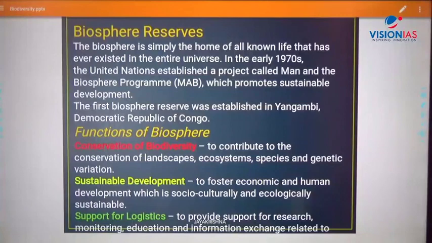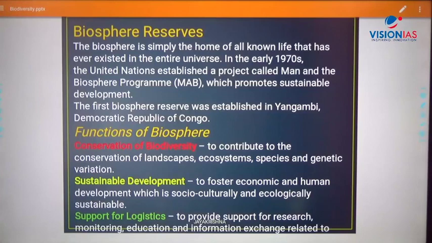Under this one, biosphere reserve will conserve... This point is very important. I am not dictating what is given in the PPT. Come on, write down: biosphere reserve conserves the genetic resources, in all capital letters.